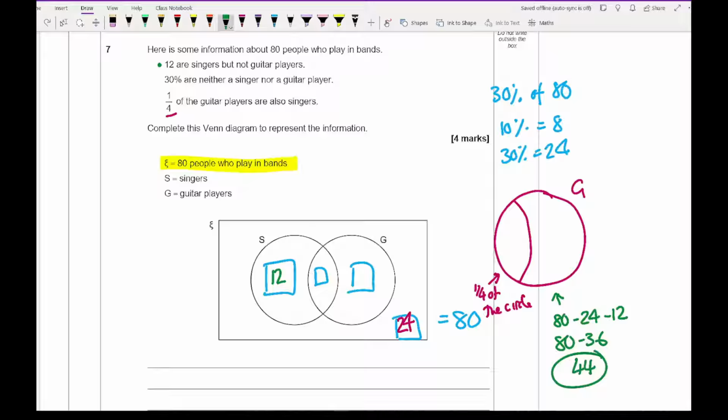Now a quarter of 44 is this, and 3/4 of 44 is that bit there. So a quarter of 44 is 11, and 3/4 of 44 is 33. So if I just make it a little bit neater, to make it easier for you to see, without rubbing out any of the numbers, get that box there, like so, and we should have 11 there.